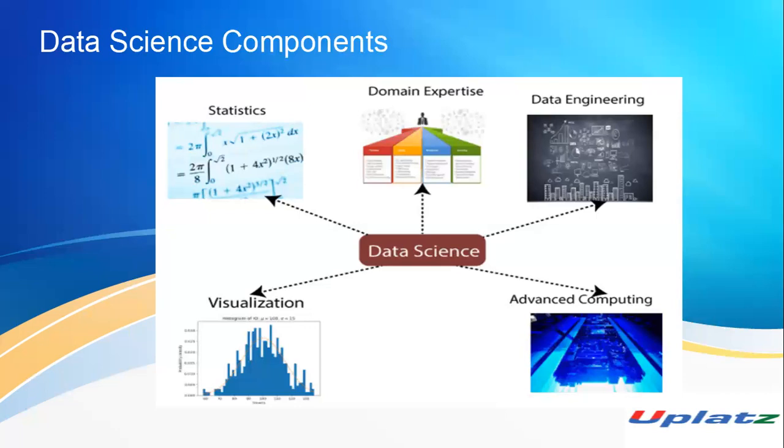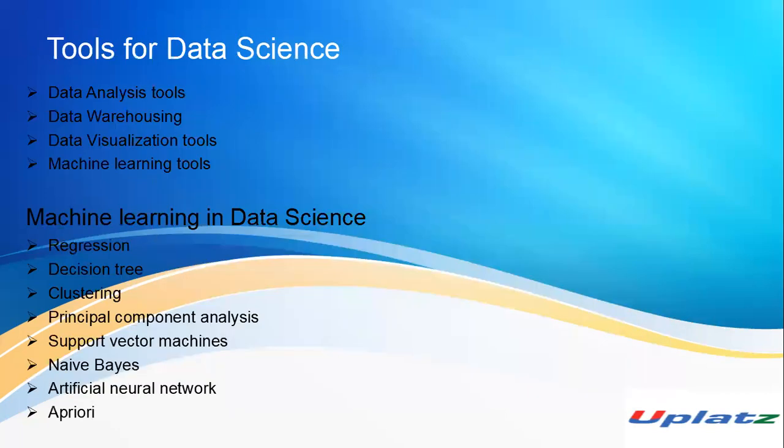Then the next is tools for data science. There are many tools we will use in this course. For data analysis tools, we will have R, Python, statistics, SAS, Jupyter, R Studio, MATLAB, Excel.